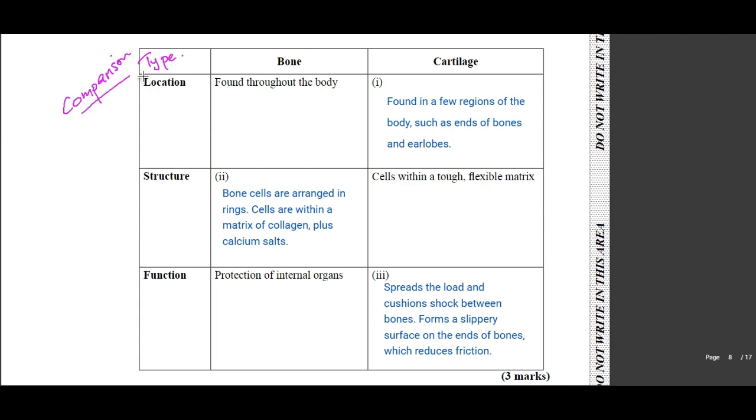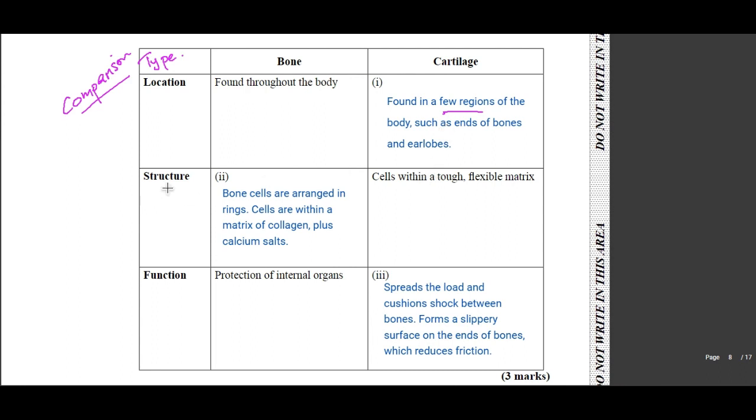CXC loves comparison. And we have location found throughout the body. So of course you're looking for the description that applies to cartilage. In this case, unlike bone, cartilage is found in a few regions of the body, such as the ends of bones and your earlobes, right? Your earlobe is pure cartilage with some skin over it, right? That's why it's so flexible, right?